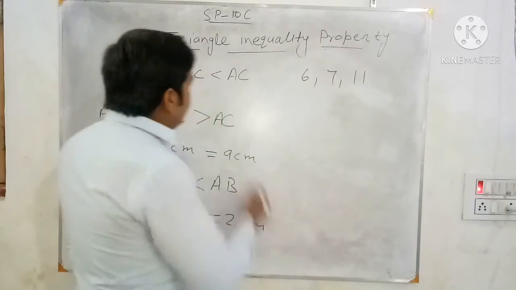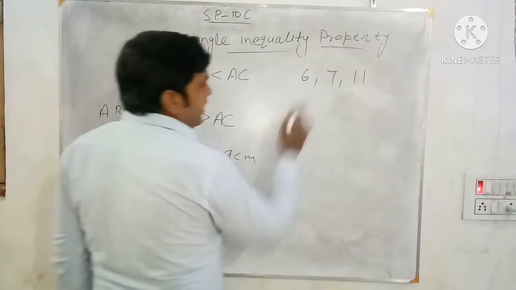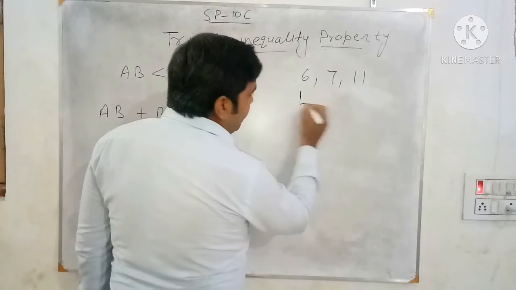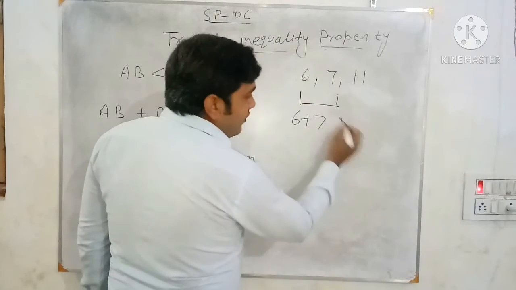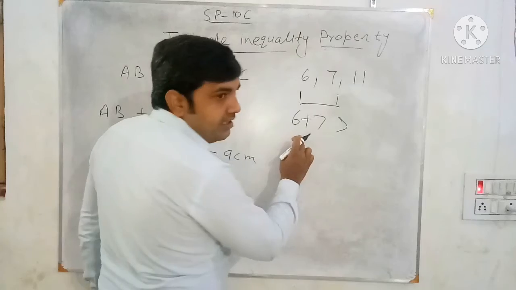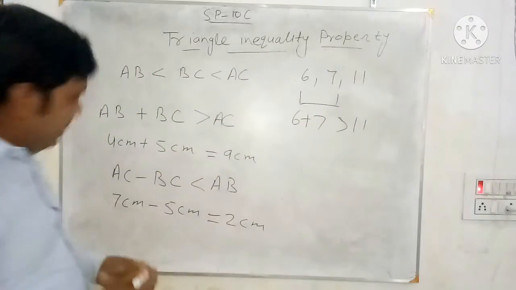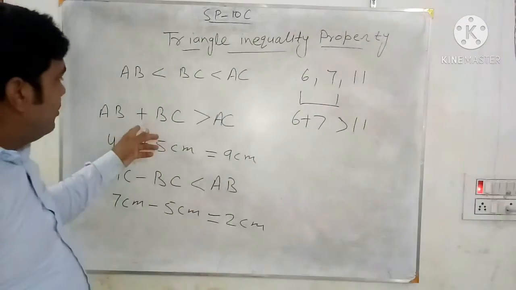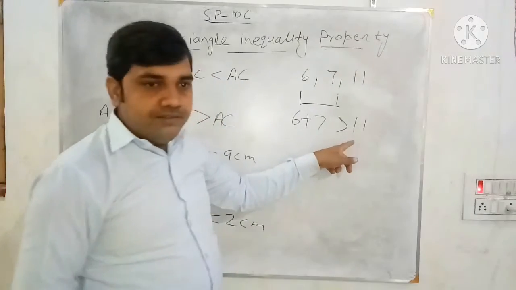So first you check the sum of any two sides. Suppose you take the sum of these two, 6 plus 7, which is 13, and 13 is greater than the third side, 11. So the first theorem holds true: the sum of any two sides of a triangle is greater than the third side.